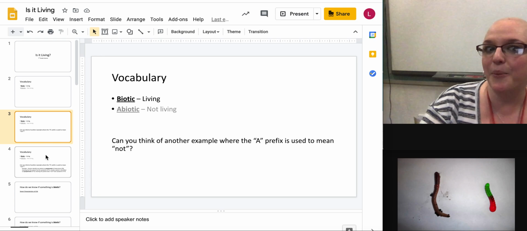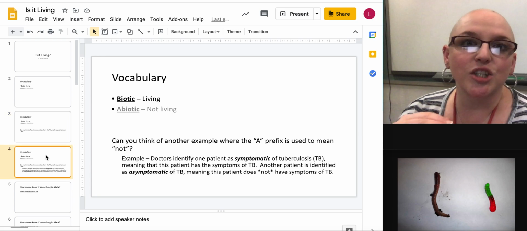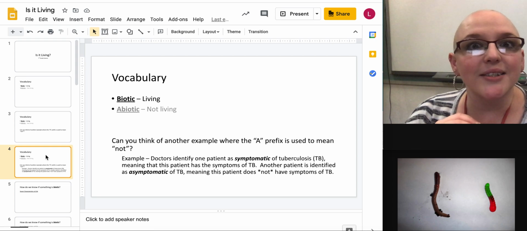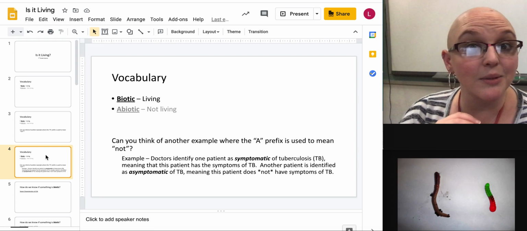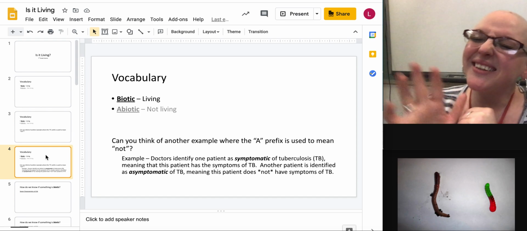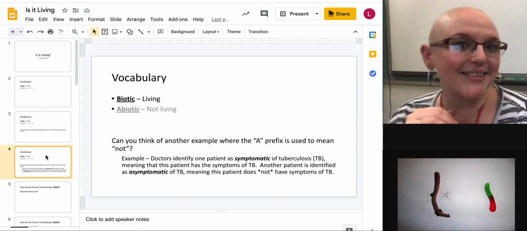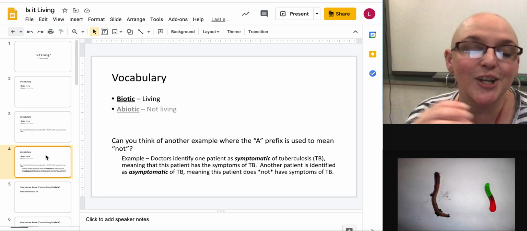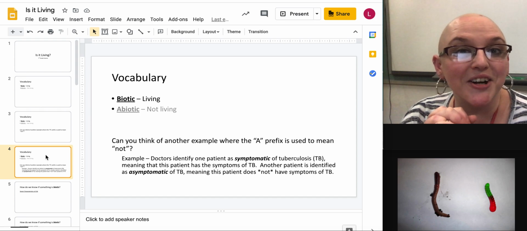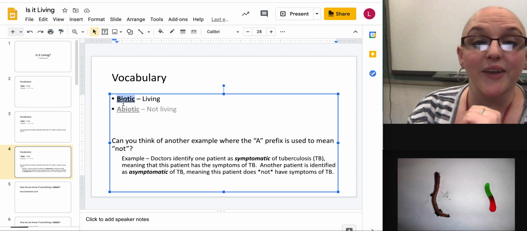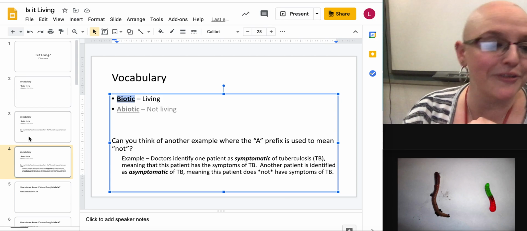So, for example, if you were to see a doctor because you think, oh no, I might have tuberculosis, and the doctor says that you are symptomatic, that means that you have the symptoms of TB and you have it. But if the doctor says, you're fine, you are asymptomatic of tuberculosis, that means you do not have the symptoms. So, what we are going to be focusing on today is determining whether something is biotic or whether they have the symptoms of being alive.